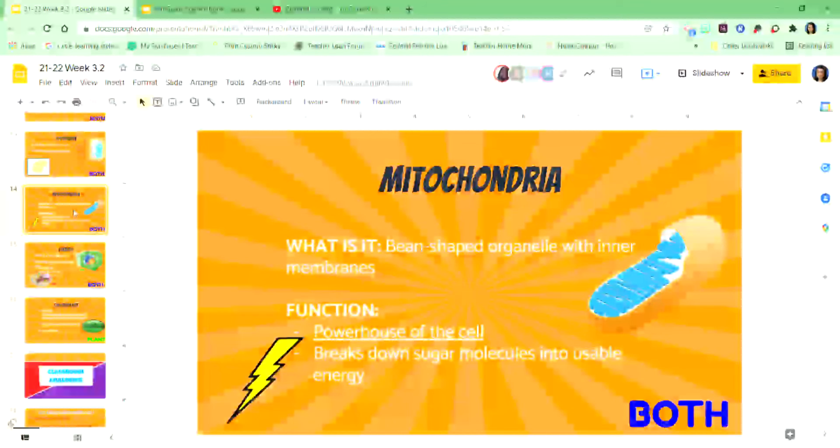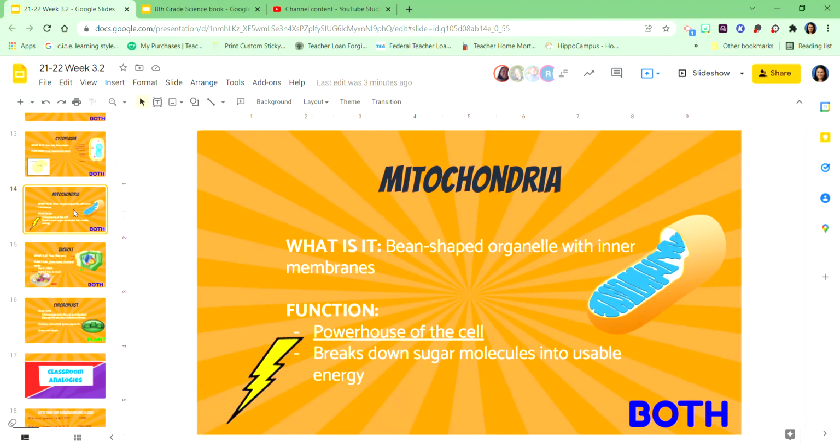All right, the mitochondria is found in both plant and animal cells. It is a bean-shaped organelle with inner membranes. Its job is the powerhouse of the cell. It breaks down sugar molecules into usable energy. So another way to remember mitochondria is mito kind of sounds like mighty, so it's powerful.